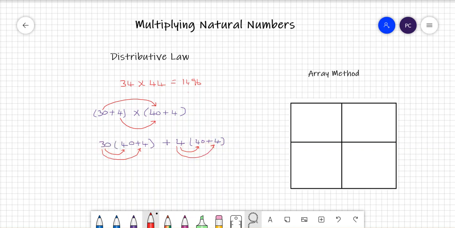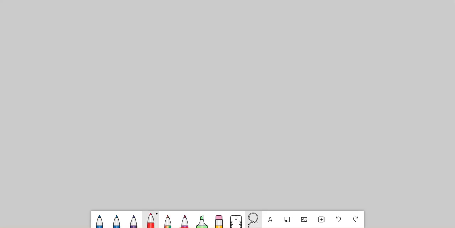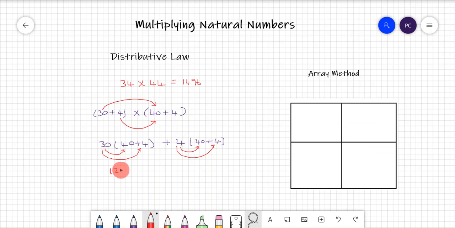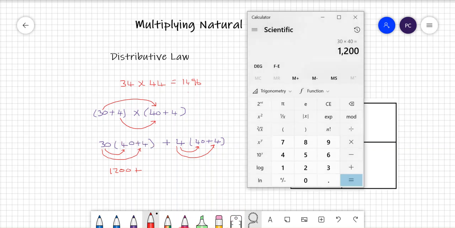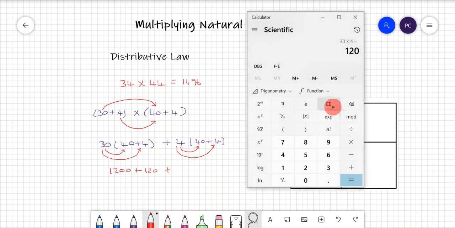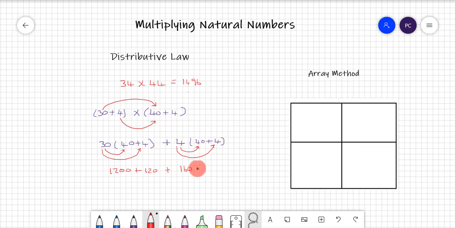If we take 30 by 40, we can use our calculator: 30 multiplied by 40 equals 1200, plus 30 multiplied by 4, which equals 120, plus 4 by 40, which is equal to 160, plus 4 by 4, which is 16.